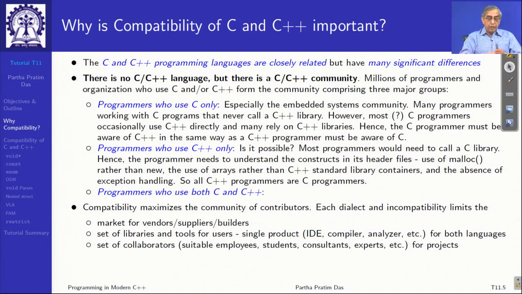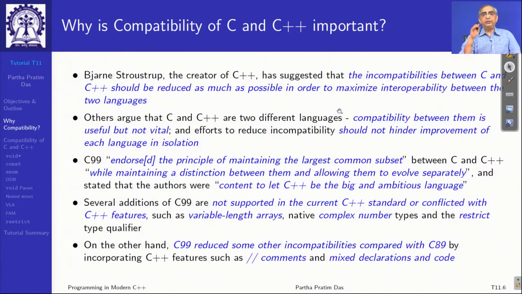So, compatibility will maximize the community of builders. The more we can make code compatible, the more users we will have, we will have more market for the libraries, a better set of tools, more collaborators and so on. So, for these reasons it is very important to have compatibility.